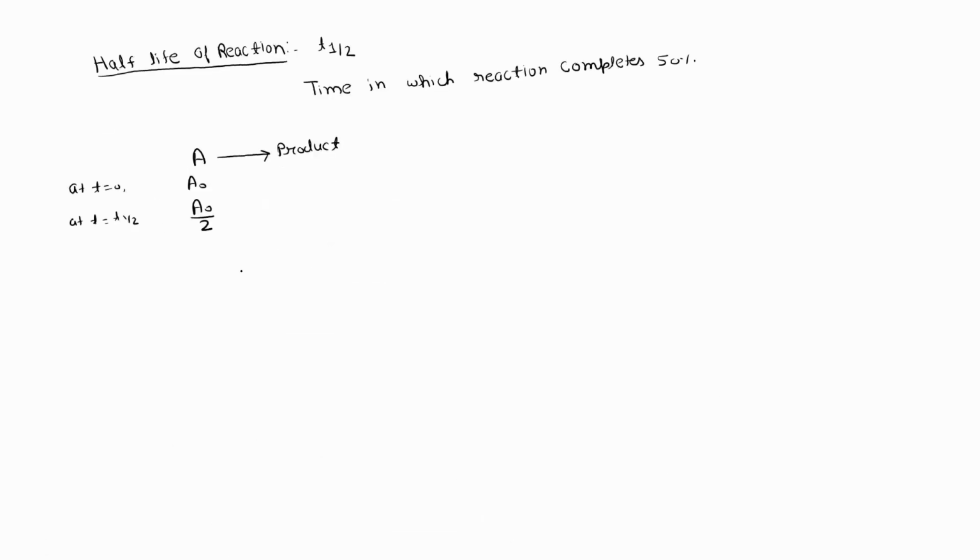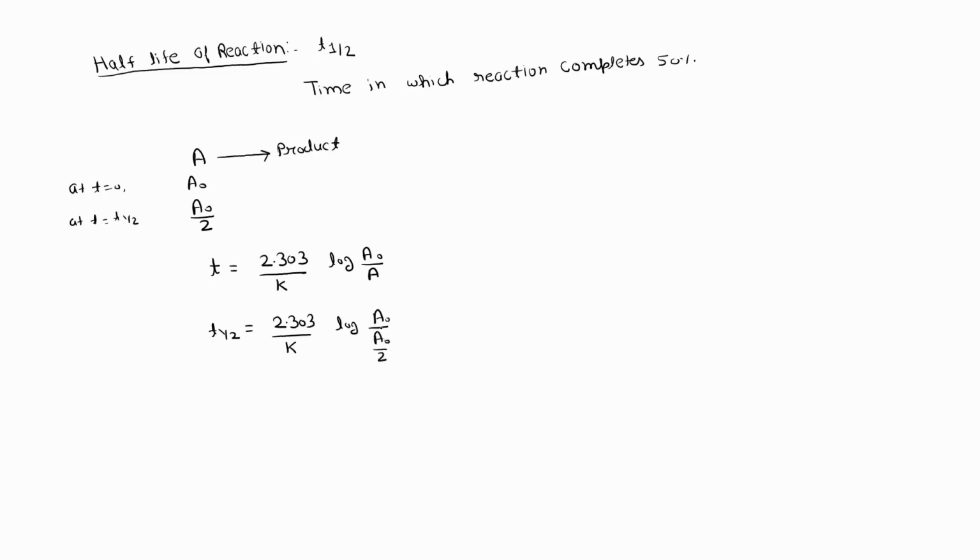So the formula is T is equal to 2.303 by K log of initial concentration by final concentration, log A naught by A. Then T half is equal to 2.303 by k log A naught by A naught by 2.